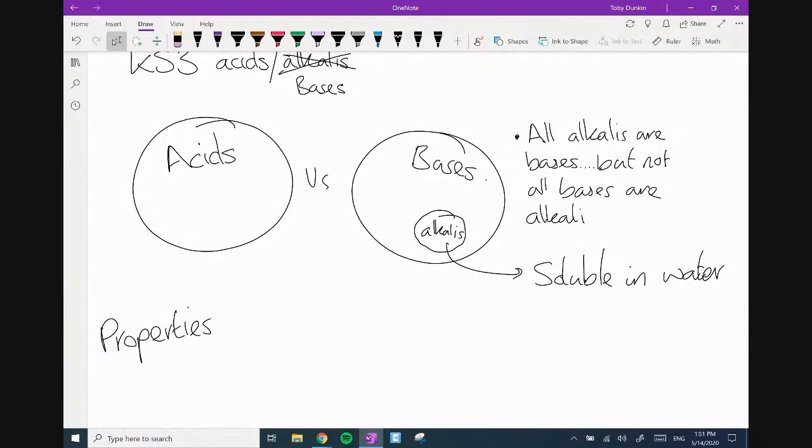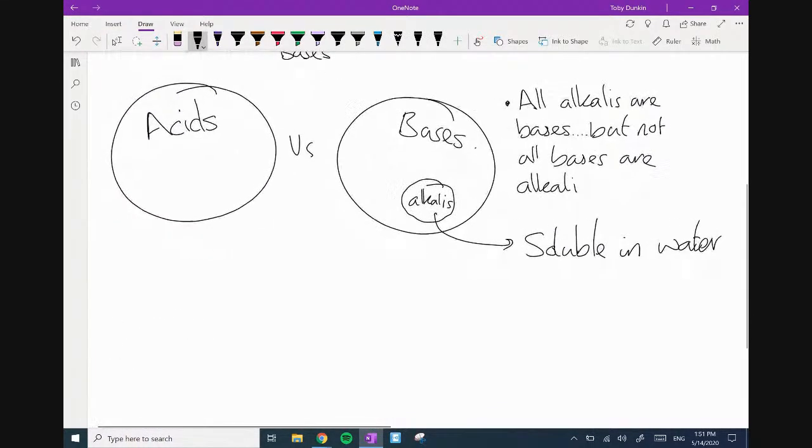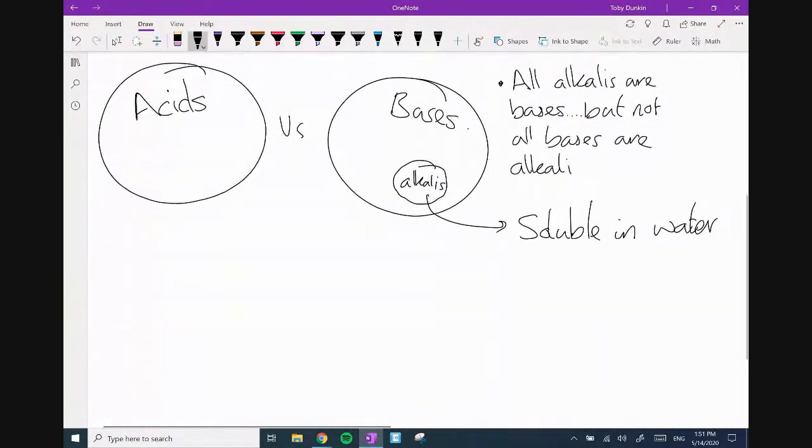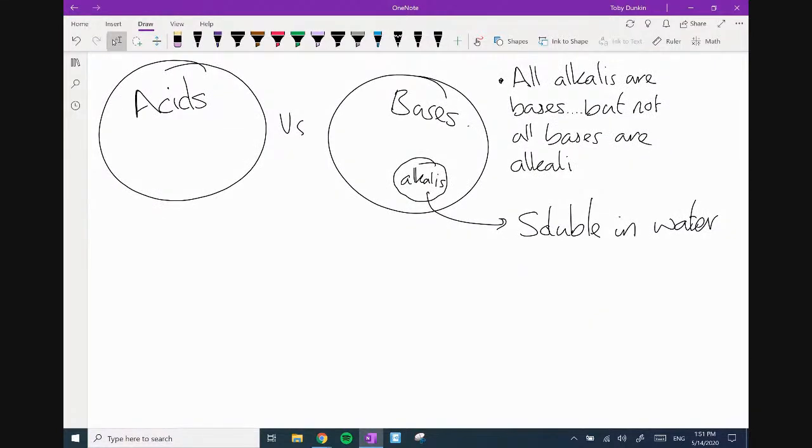I've just suddenly realized I wrote down properties. I don't want it anymore. Here's the frustrating thing: most bases are actually not soluble in water. There's just a select few of them that are.